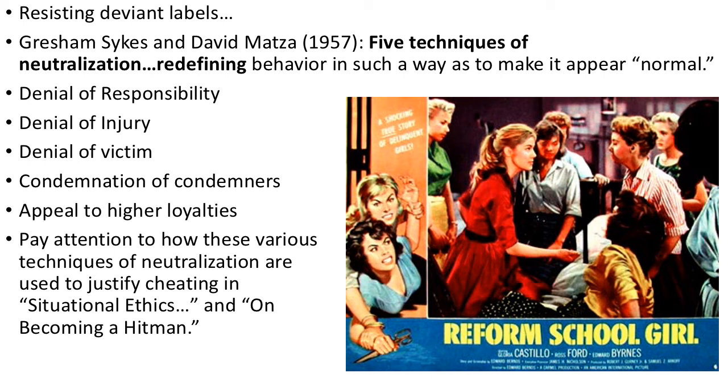When Sykes and Matza interviewed these boys, a lot of them talked about how they had a higher loyalty, for example, to their friends, or to their gang. And that loyalty to their gang outweighed any other loyalty and even outweighed the norms of society.